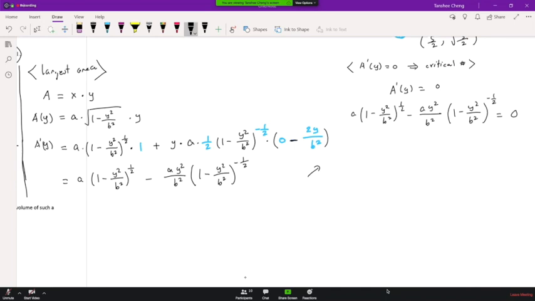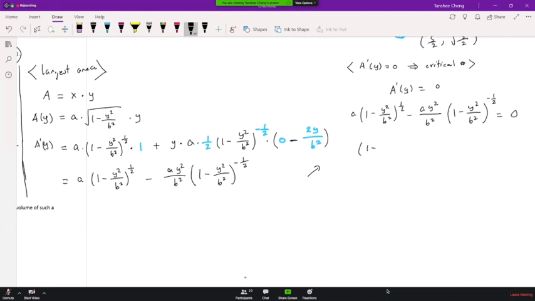Now this is where we need to be careful. Take a look at what I'm going to be doing. First, I'm going to divide everything by a, so that the a will be gone.